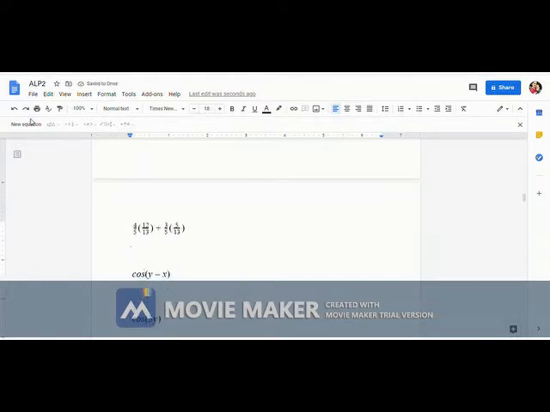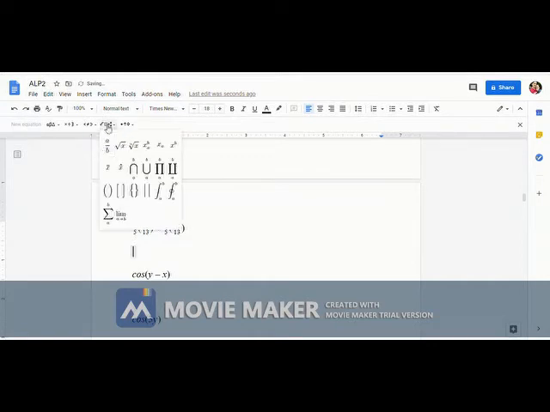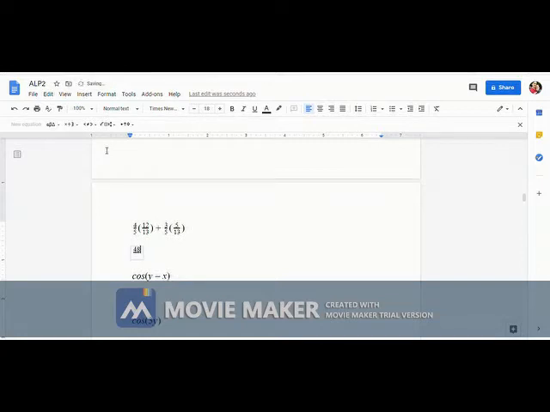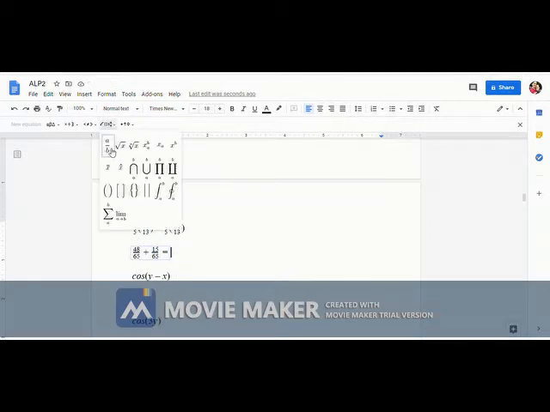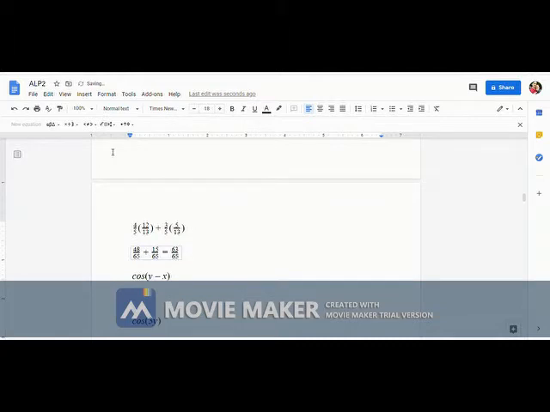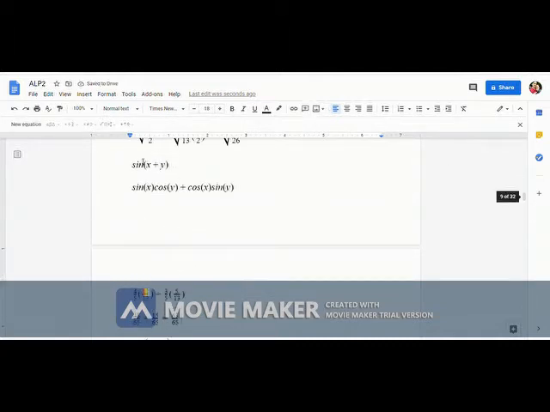So we get, in this first portion, 4 times 12 is 48 over 5 times 13 is 65, plus 15 over 65, and that added together equals 63 over 65. Alright, and that's sine of x plus y.